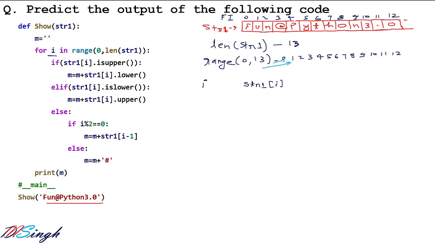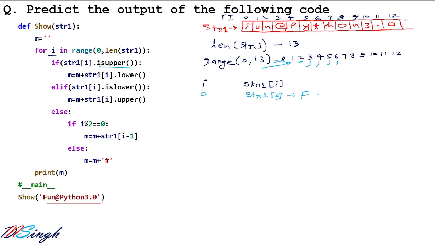First time it will take 0, then 1, then 2, after that 3, 4, 5, 6, like that in each iteration. So first time when i value will be 0, str1 of 0 will be what? Value at index 0 is capital F. So now I hope you people, if you are following from the previous lecture, this capital F will be tested by the isupper condition, and that is going to result in true for the first if condition.